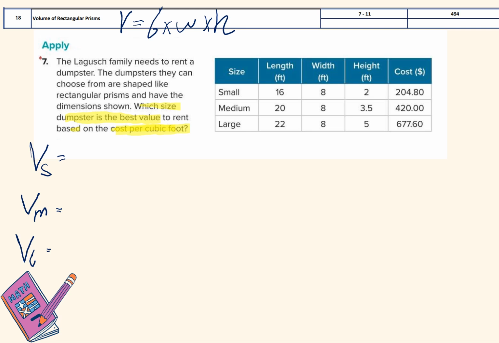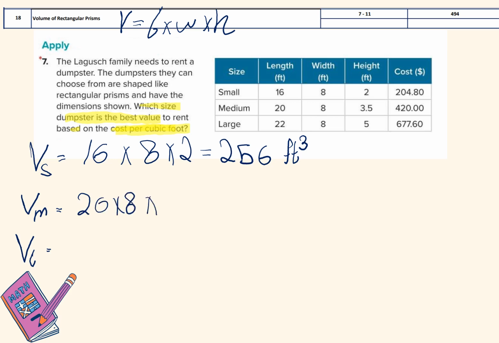So let's get started. Volume of the small size, 16 times 8 times 2, which in this case is 256 cubic feet. Don't forget to show your understanding of the units. And then the volume of the medium size, 20 times 8 times 3.5, which is, let me find out.